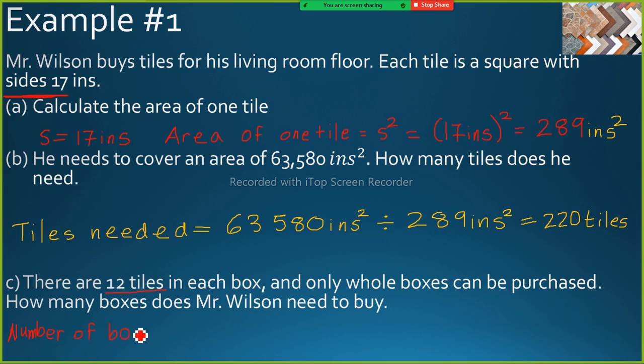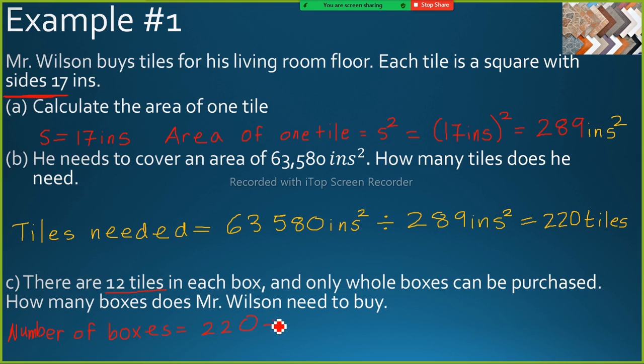Okay, so Sierra, how would you tackle this? What would you do? I mean, 220 divided by 12. 220 divided by 12.